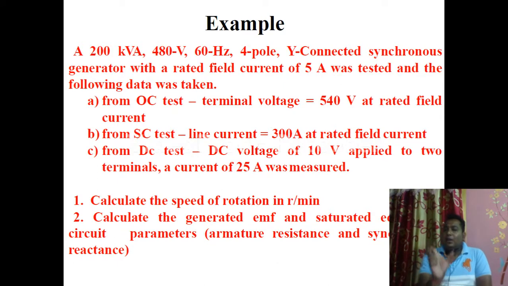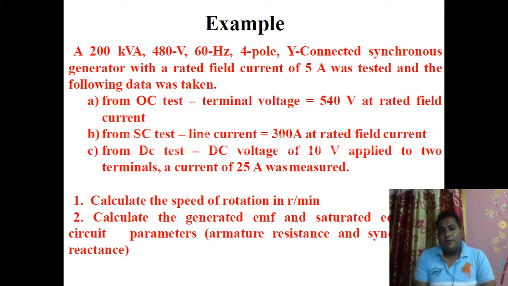So the alternator specification is given: 200 kVA, 480 volt is the terminal voltage, 60 hertz is the frequency. It has 4 poles and is star connected, with a rated field current of 5 ampere, was tested, and the following data was taken.